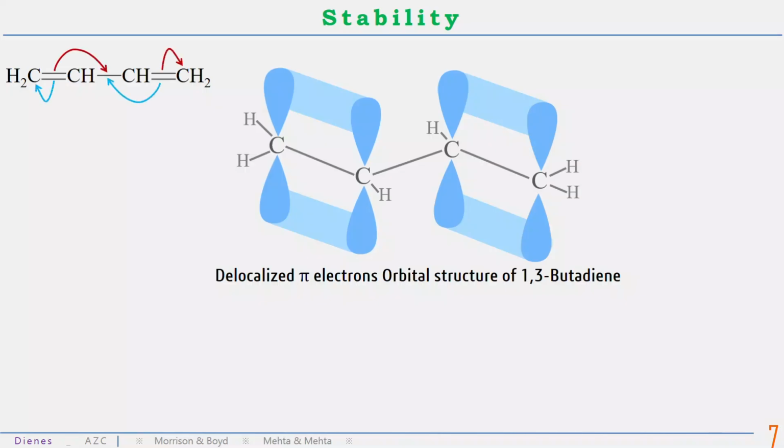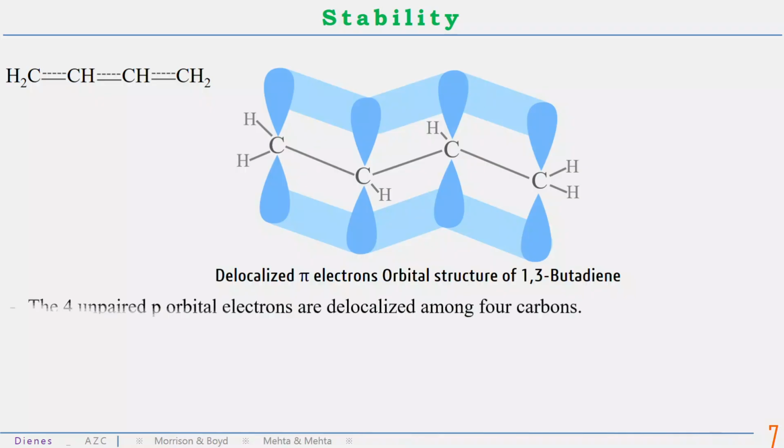We have seen that delocalization of electrons is possible. That leads to resonance hybrid. This delocalization of pi electrons results in overlap between p orbitals of carbon-2 and carbon-3. So the four p orbital electrons are delocalized among 4 carbons in 1,3-butadiene.